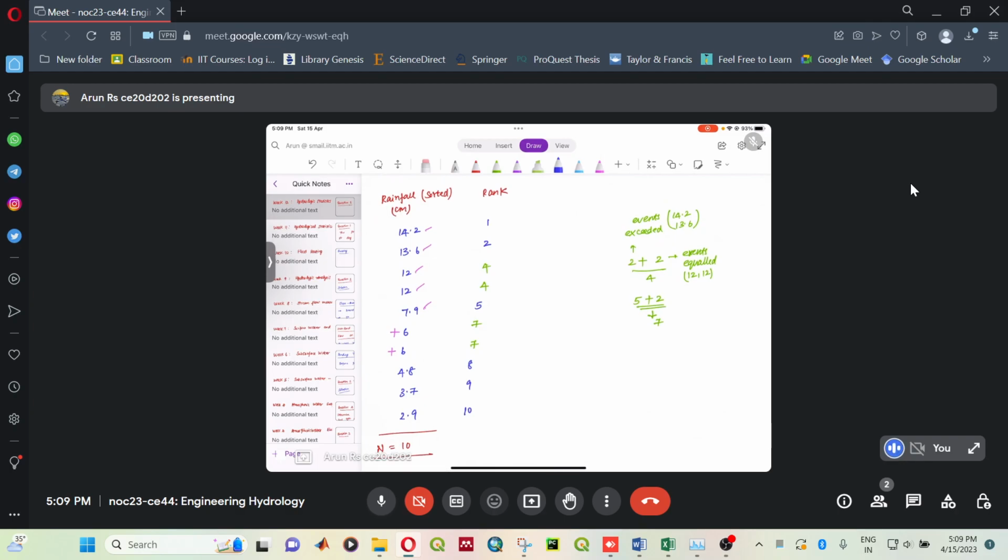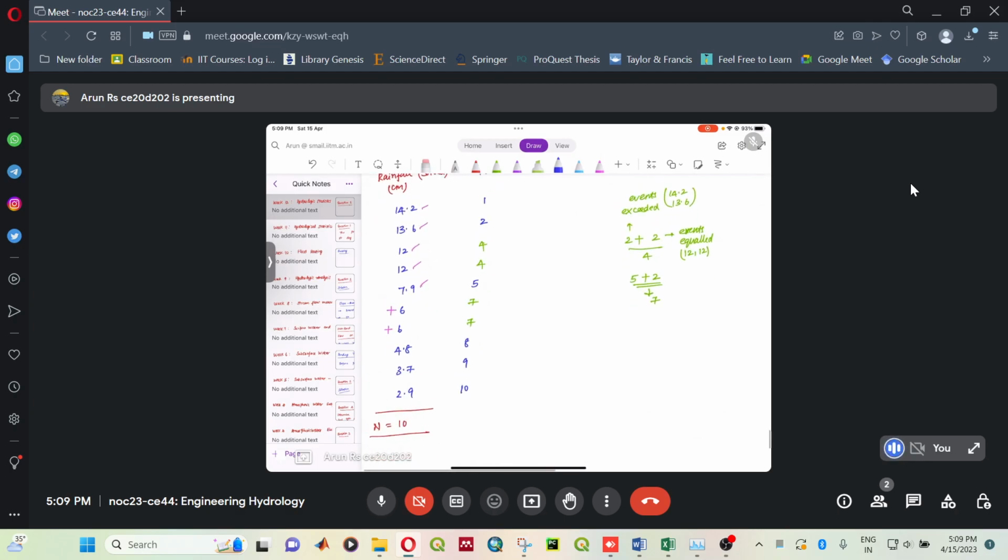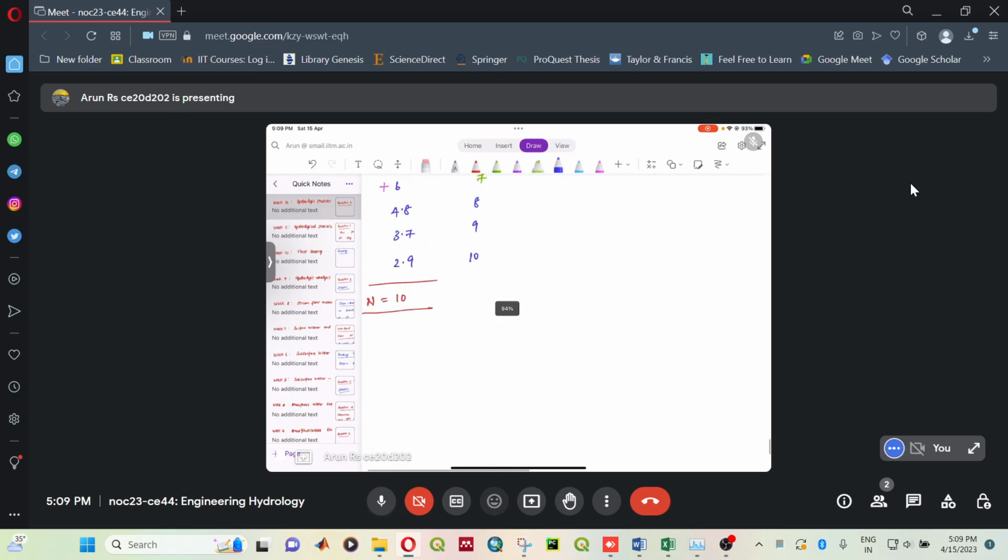different events. Now the next step is to determine the return period for magnitude of 6 centimeter. The first one is using Weibull's formula.